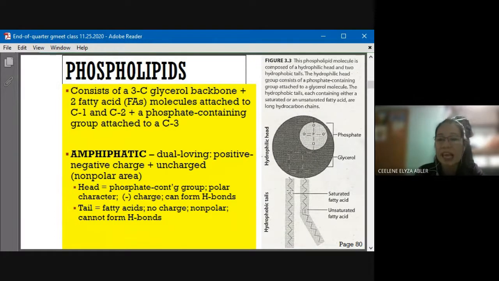The tails can either be both saturated, or one saturated and one unsaturated, a mix of the two, or both unsaturated. So there are three possible combinations for the tails. It has two hydrophobic tails, and a hydrophilic head, the glycerol, because glycerol is very attractive to water.